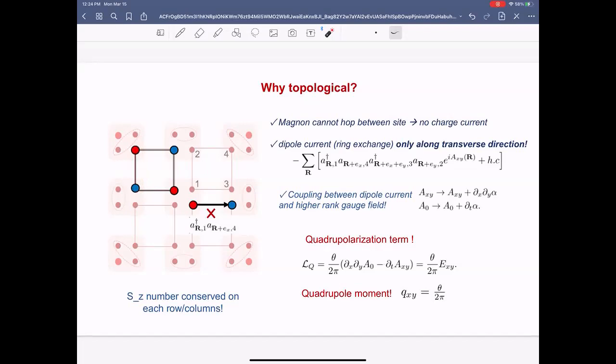So if we want to gauge such kind of subsystem U1 symmetry, the gauge potential we introduce should be a high rank gauge potential, which I will call A_xy, and let that live in the center of the plaquette for each ring exchange term. And once we gauge the subsystem U1 symmetry, such high rank gauge potential should be minimally coupled with the ring exchange term.